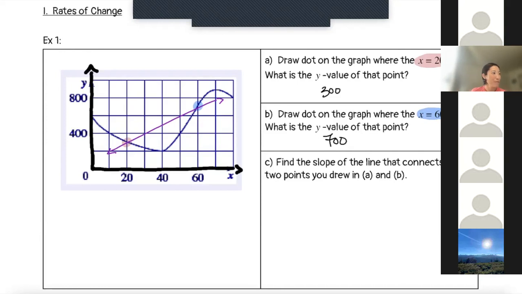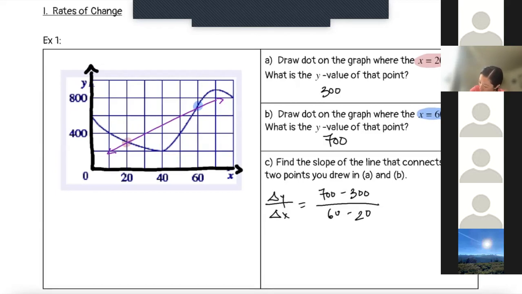We've got this point. We want to find the slope. Matt has set it up for us already. I love that. So delta y over delta x. We're going to get 700 minus 300 over 60 minus 20. All right, so we're just plugging that into our y2 minus y1 over x2 minus x1.